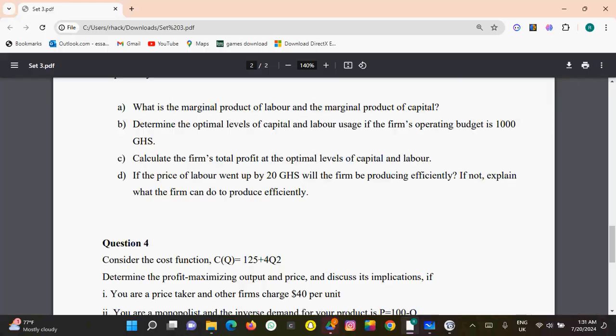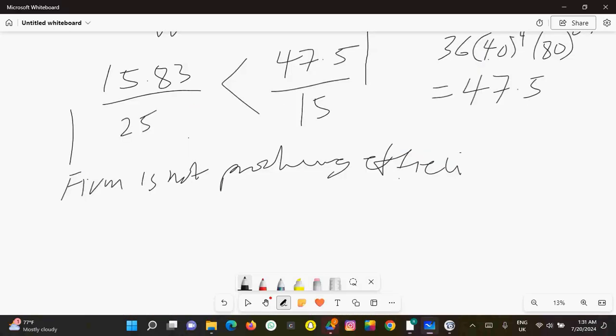So now they are asking us, if not, explain what the firm can do to produce efficiently. What this means is that using more capital in production is more efficient than using labor. Now, what the firm has to do to produce efficiently is employ more capital.